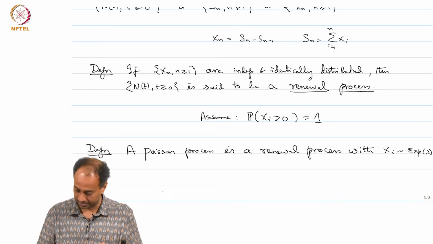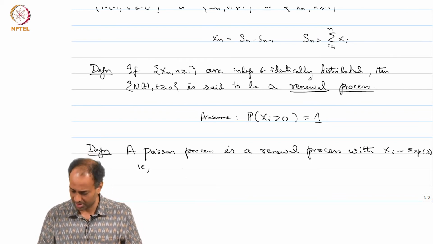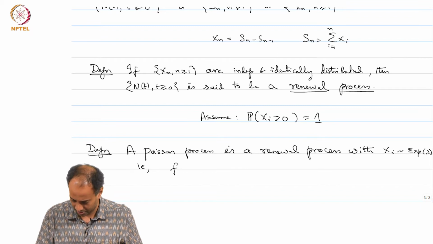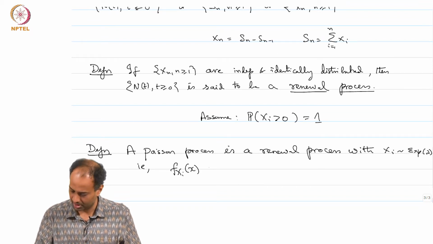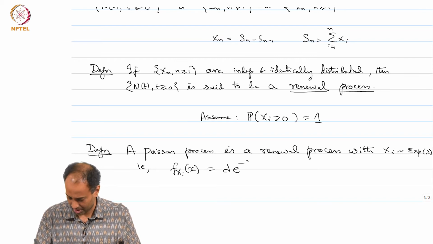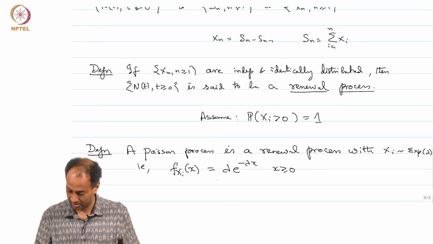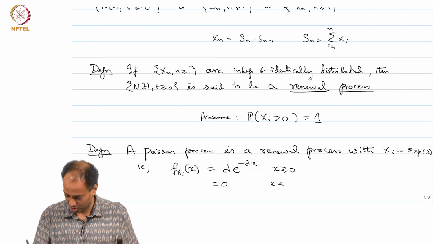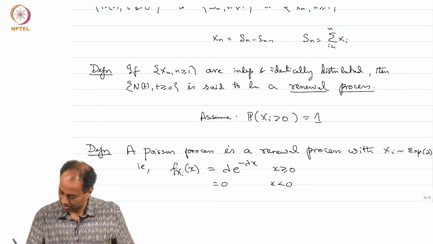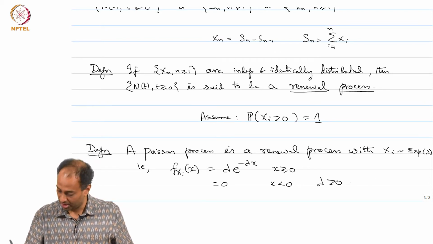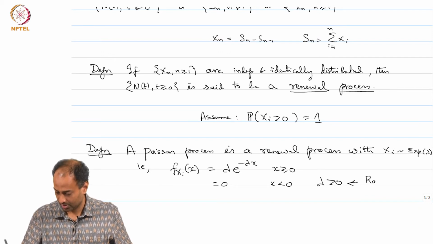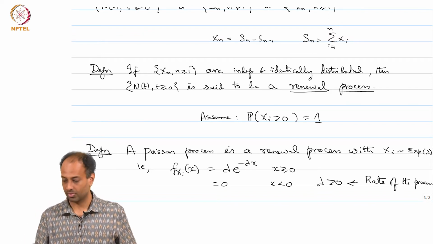So, in other words, the density of X_i is lambda e to the minus lambda x for x greater than or equal to 0, and equal to 0 for x less than 0. This lambda is a positive parameter, called the rate of the process.